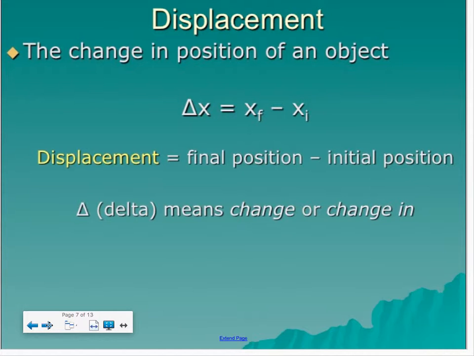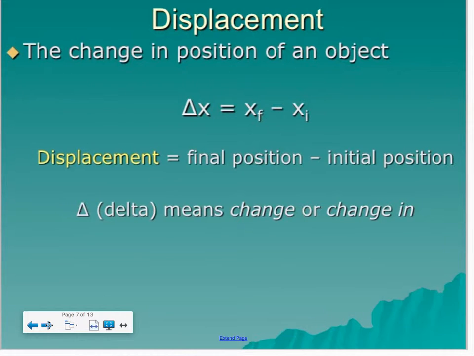As we get through an example later, we are going to add another definition for displacement. It should make it a little easier to recognize, but it's easier to give that definition when we get to the example. So the top of this slide says the change in position of an object is displacement.